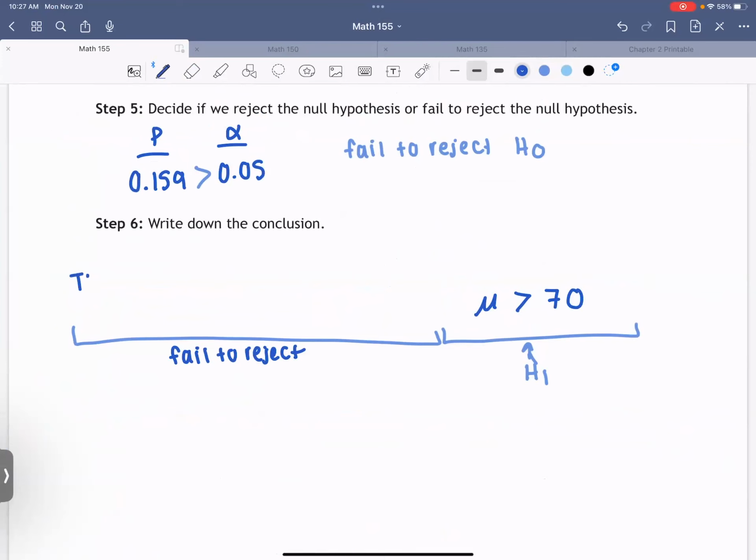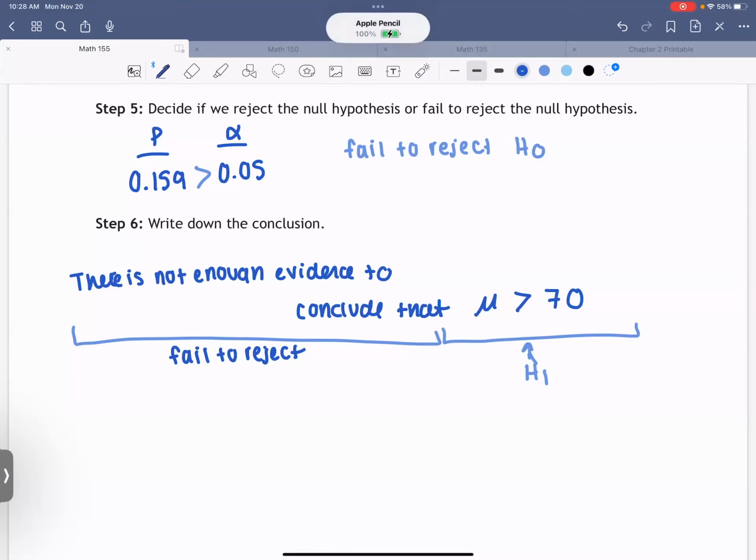So we'll start by saying there is not enough evidence to conclude that this is true. Okay, that's what our conclusion is. We don't have enough information to say that mu is greater than 70. We're not really accepting that mu is equal to 70, but we can't say that mu is greater than 70. All right. Any questions on this problem here?